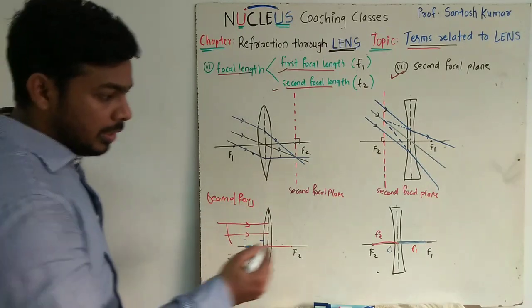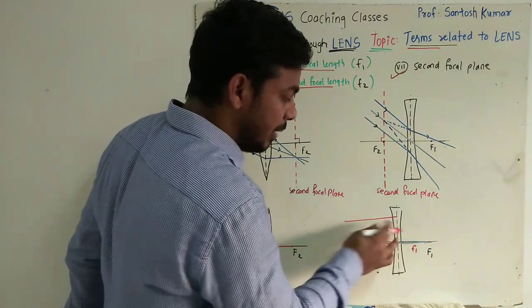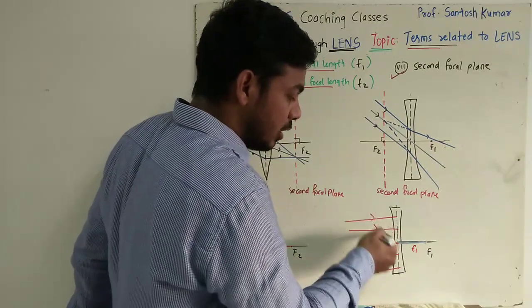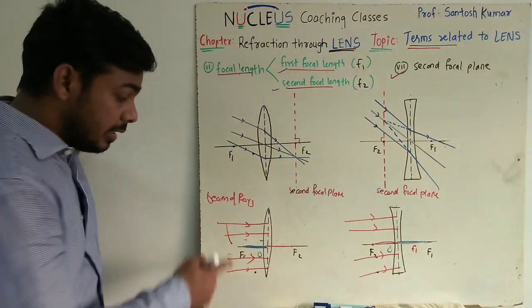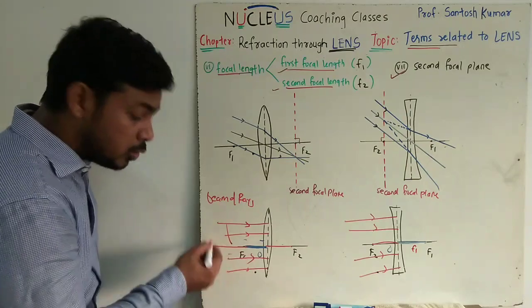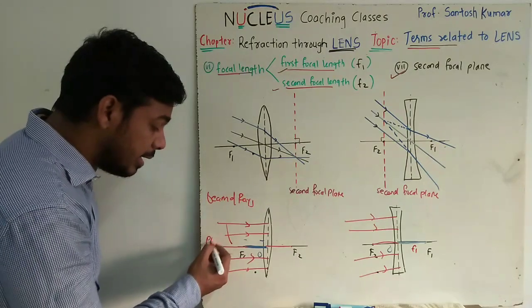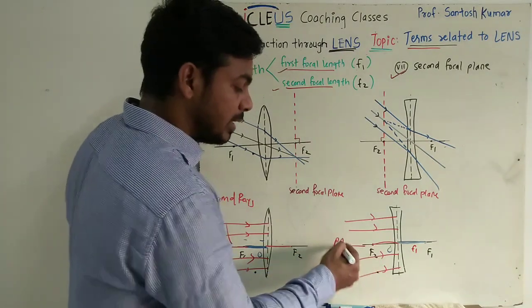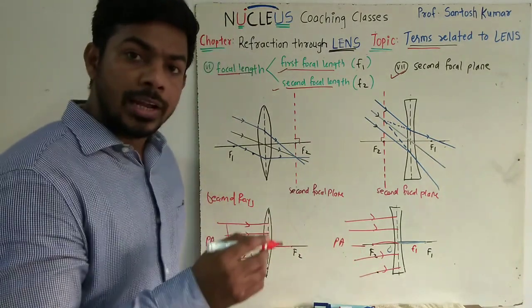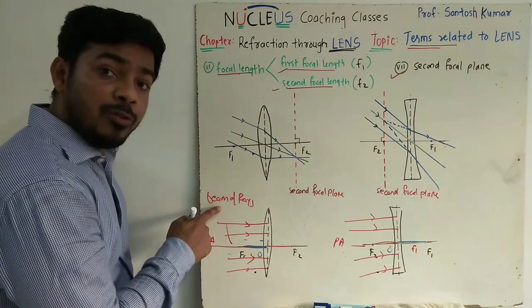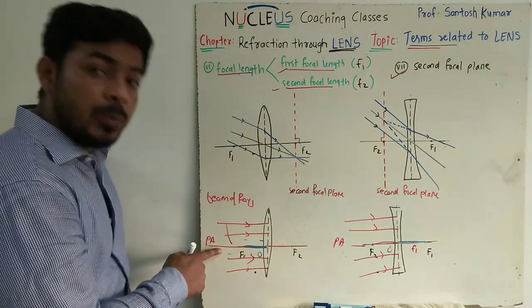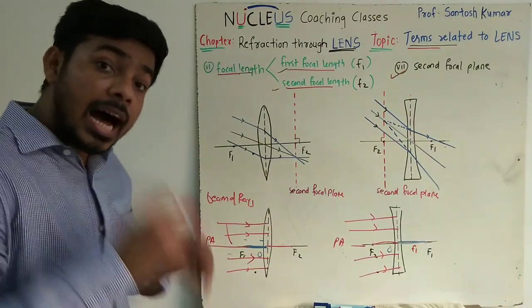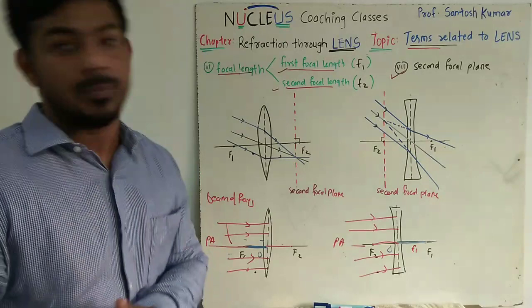so here also I will have a beam of rays. You can see all these rays are parallel to each other, and this beam of rays is also parallel to the principal axis. Here also the beam of rays is parallel to the principal axis. If a beam of rays travels parallel to the principal axis and is incident on a convex lens, after refraction it will meet at a point.